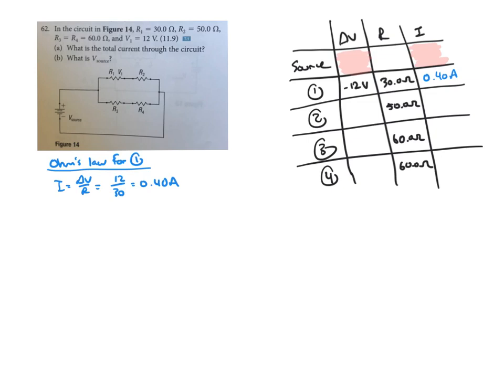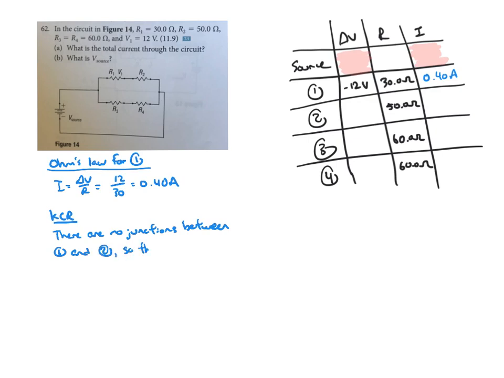And looking at the diagram, load number 1 and load number 2 are in the same pathway. So whatever the current was through load 1, it's going to keep going and be the same current as load 2. So KCR, there are no junctions between loads 1 and 2.